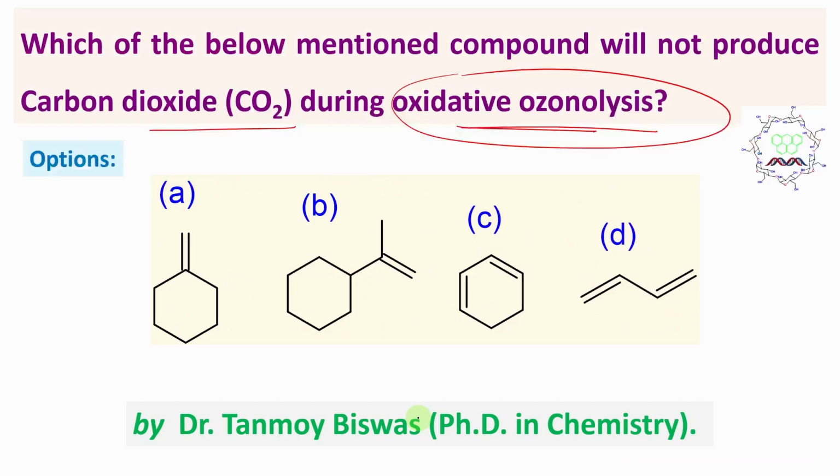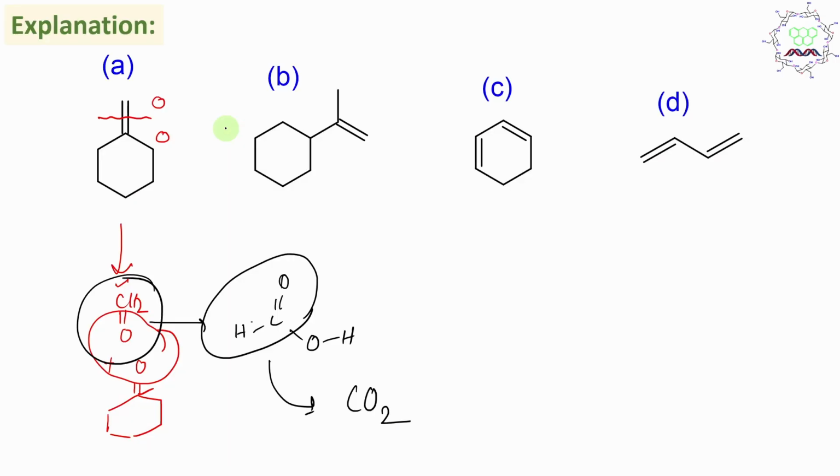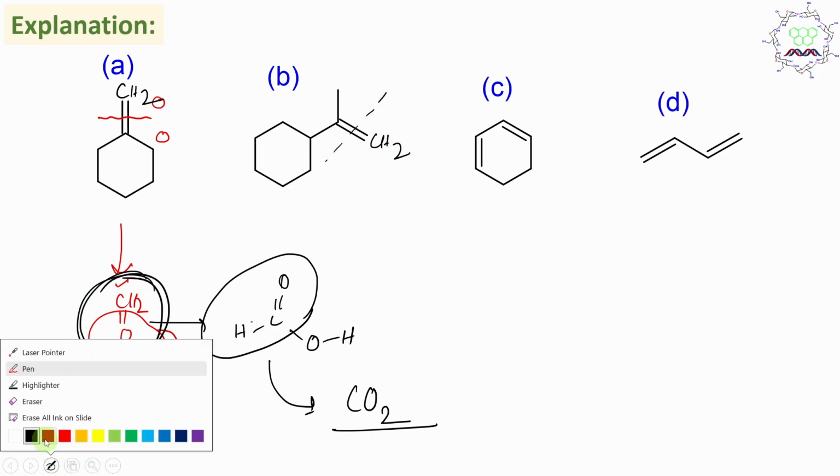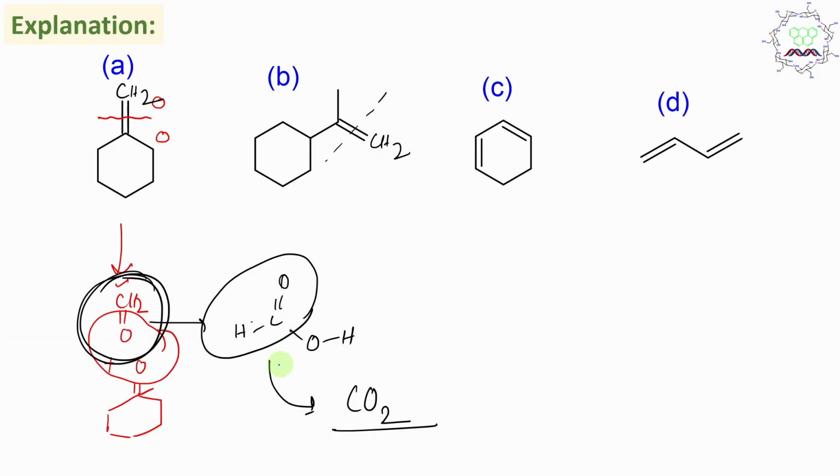Now what was our question? Which of the below mentioned compounds will not produce carbon dioxide during oxidative ozonolysis? If you look at this side, there was a CH2 which is oxidized to carbon dioxide, and this side also CH2. Same logic, it will produce formaldehyde. Later on this formaldehyde will be further oxidized into formic acid, with +3 oxidation state, and then to carbon dioxide, +4.